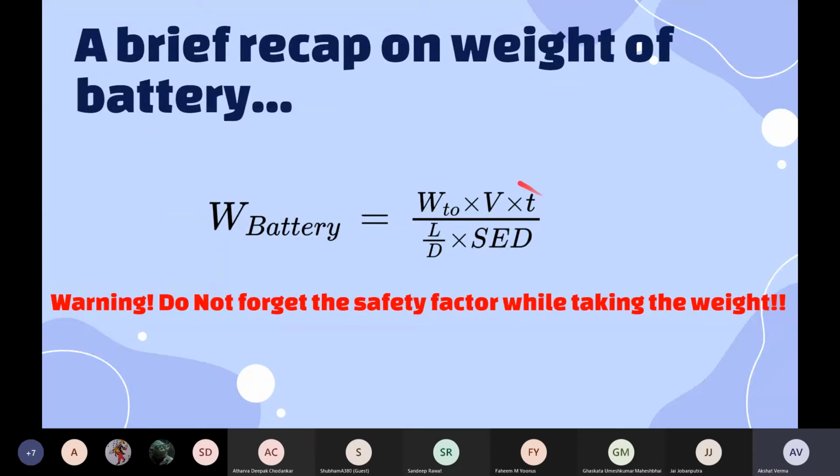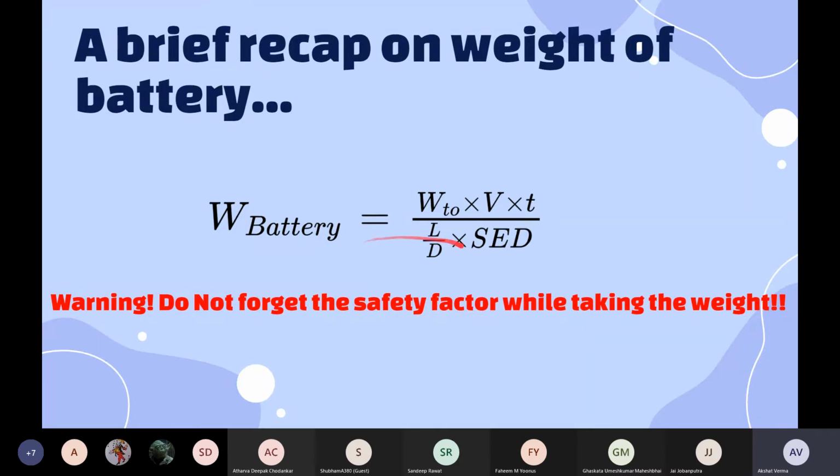Also, this is the actual power which our aircraft requires for the cruise condition, but what is giving it the energy? The propulsion system is providing it, but our propulsion system may also not be 100% efficient, which is the case most of the time. The propeller efficiency, the propulsion system efficiency as we call it, is nearly 40% in most cases. We need to include all those things, and that comes into the safety factor.